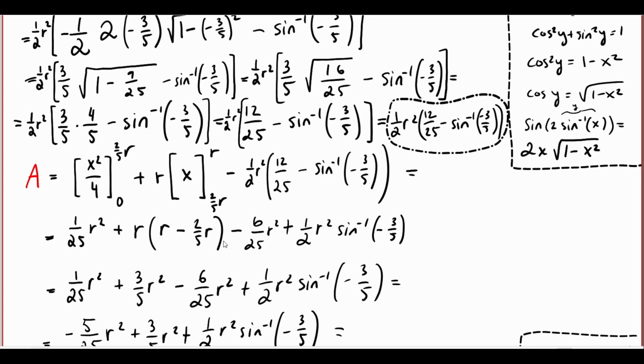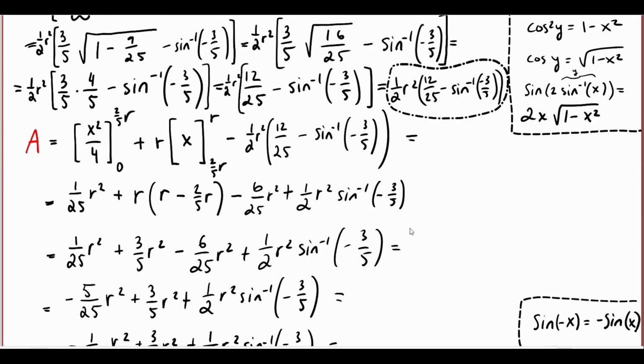And then we have minus, and then we multiply this in here, minus 6 over 25 r squared plus, and then we have this 1 over 2 r squared arcsine minus 3 over 5. This equals, and then we just simplify everything.